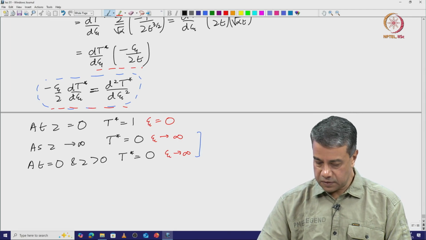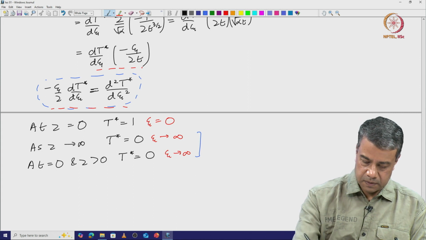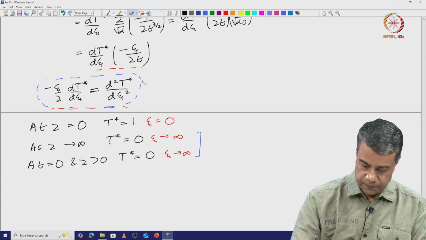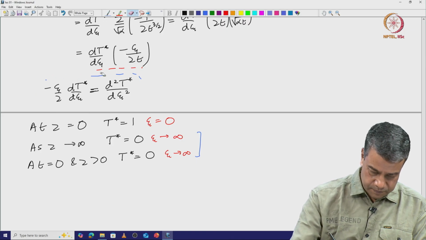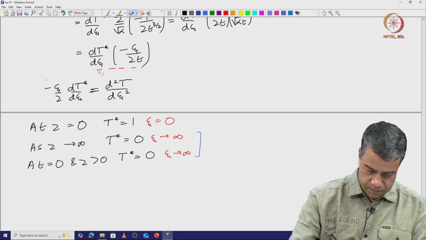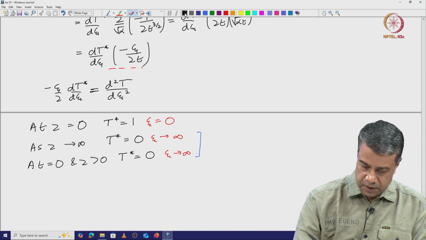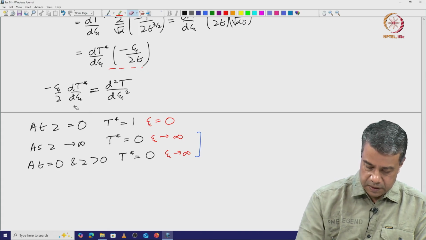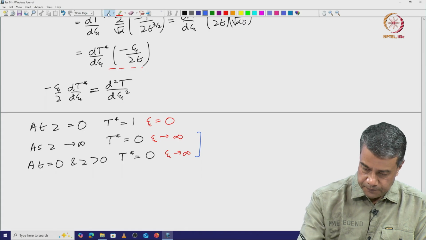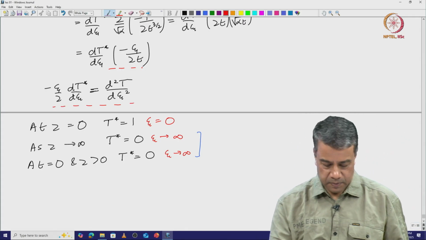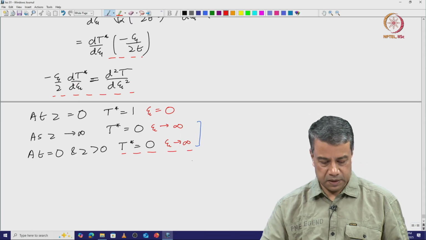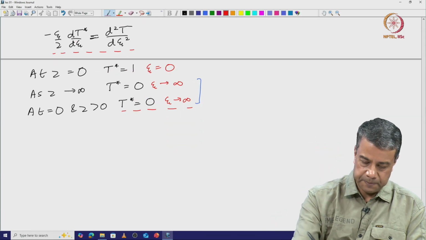So, therefore, I need to solve this equation subject to these boundary conditions for the psi coordinate. So, how do I solve that?